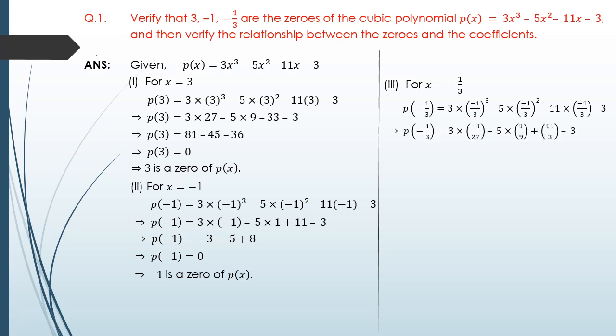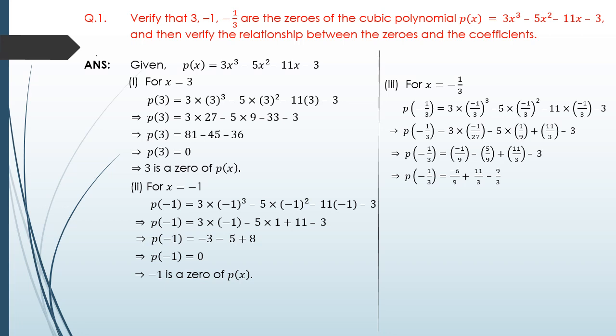Calculating further, we'll get 3 multiplied by -1/27 minus 5 into 1/9, which is the square of -1/3, plus 11/3 minus 3. Again calculating this, we'll get -1/9 minus 5/9 plus 11/3 minus 3. By using the method of LCM, you can equate all the denominators and solve this. See, -1/9 minus 5/9, we can write -6/9. 11/3 we have written as it is, minus 9/3.